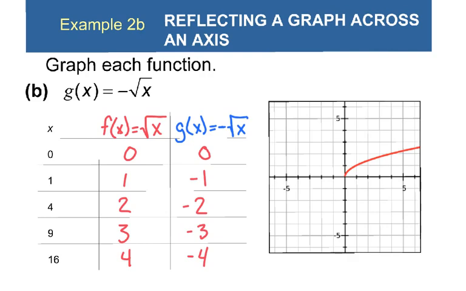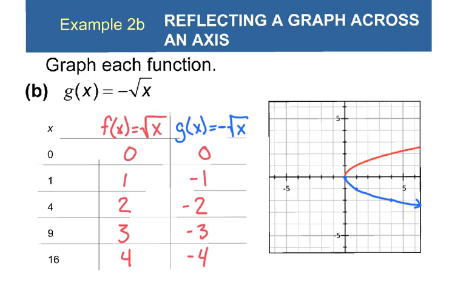Anyway, let's plot those points. So 0, 0, right here. 1, -1, right here. 4, -2, right here. That's all I can plot on this graph. We just need to connect these.